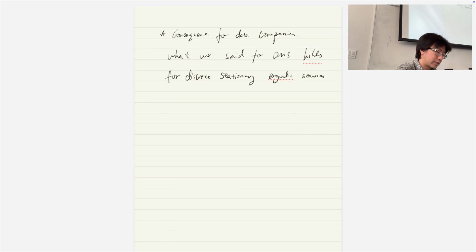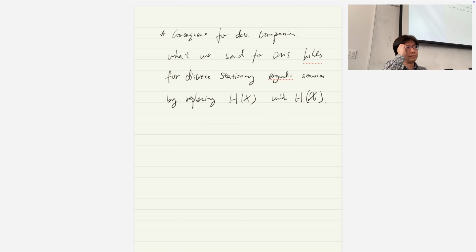Then we just need to replace this by the entropy rate, and everything will stay the same. All right, so this is a very small generalization of what we learned before. Okay, any questions?